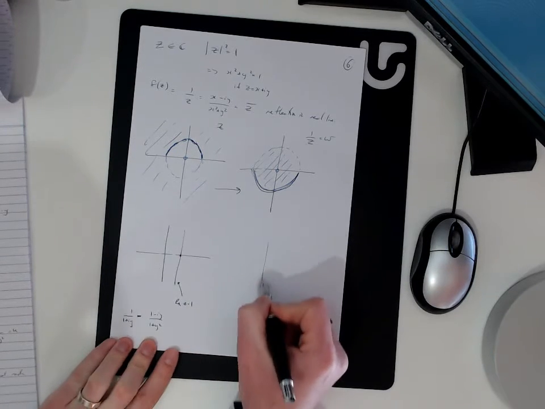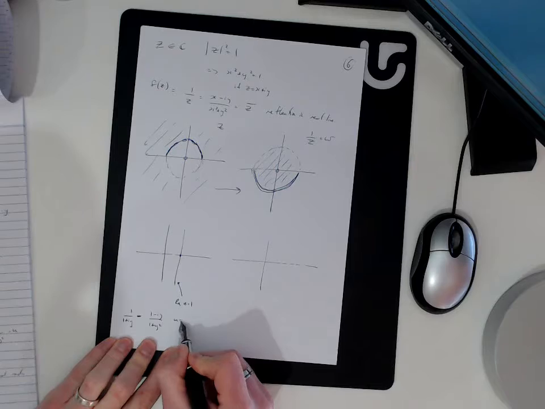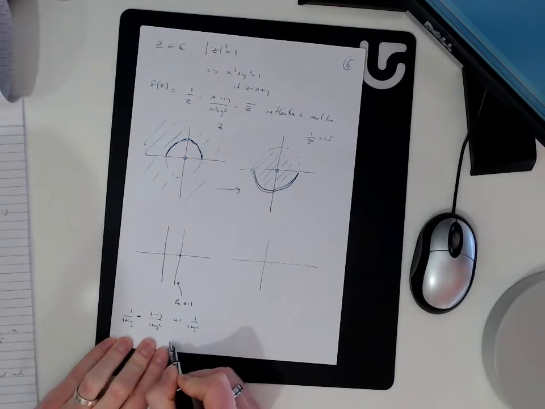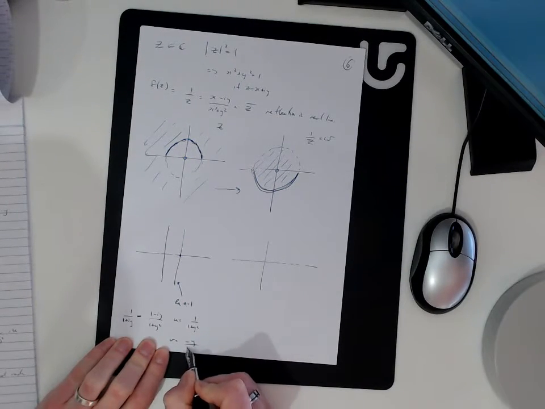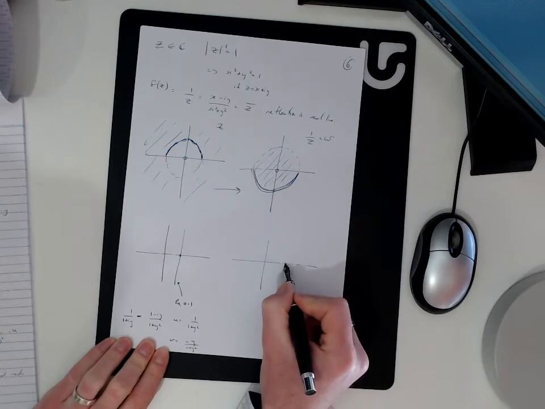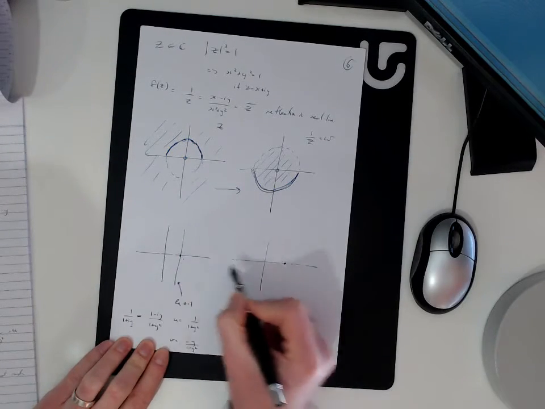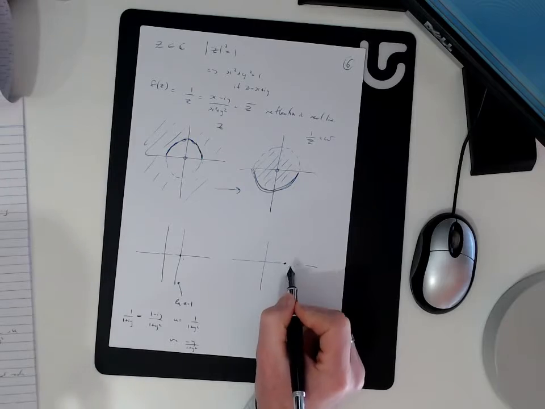So that says that u is equal to 1 over 1 plus y squared, and v is equal to minus y over 1 plus y squared. So of course, that's the number 1, and we know that the number 1 gets mapped to itself.